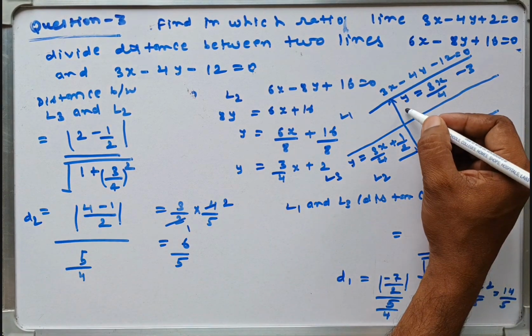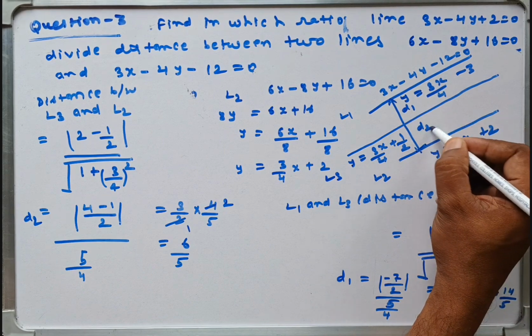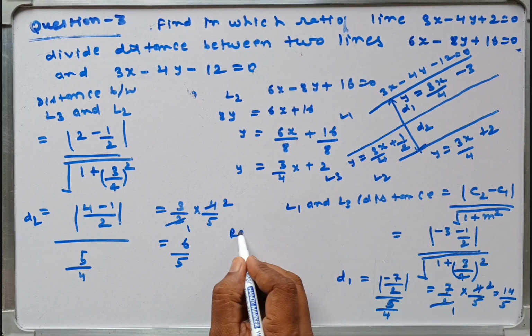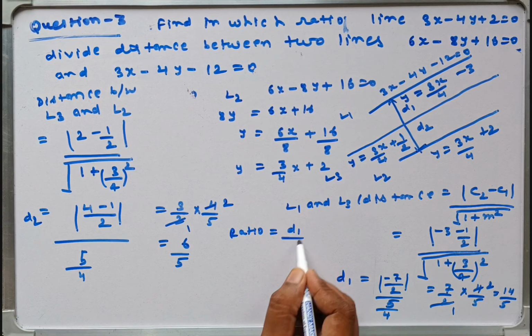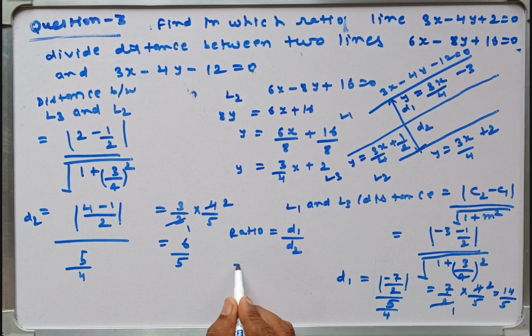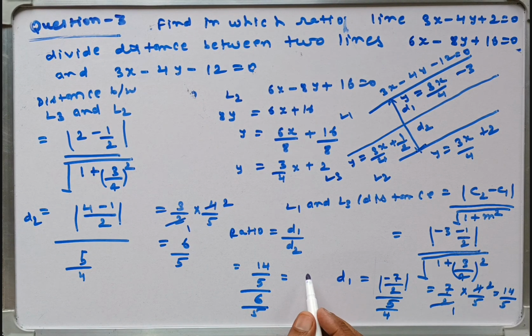Okay, so see here guys, if this distance is d1 and this distance is d2, then the ratio is equal to d1 by d2. So d1 is coming 14 by 5 and d2 is coming 6 by 5. Okay, so we can write 14 by 5 into 5 by 6. 5 ones are 5, 5 ones are 5.